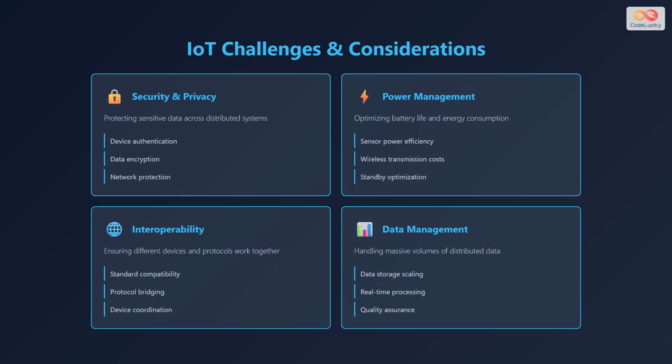Power consumption is critical for battery-powered devices, as frequent data transmission drains batteries quickly. Data privacy is essential since IoT systems collect vast amounts of personal information. Network reliability must be maintained for continuous operation. These challenges require careful planning and robust solutions to ensure successful IoT implementations.